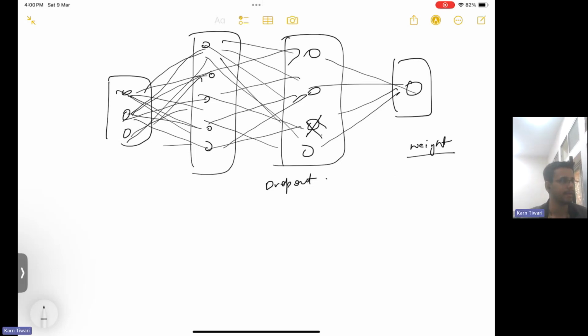This is not that computationally heavy. Otherwise, you would need to train 1,000 neural networks. Here, by dropping different neurons with different probabilities, you can get that many combinations of neural networks.